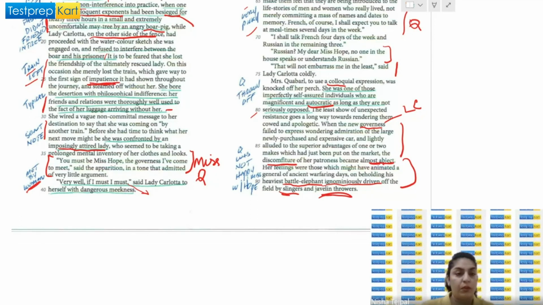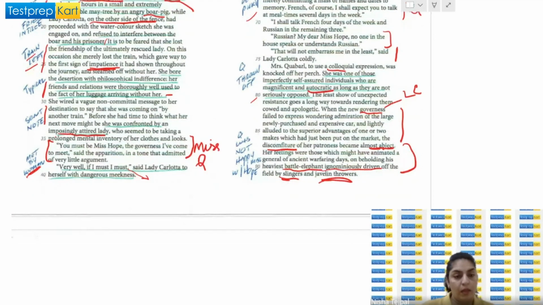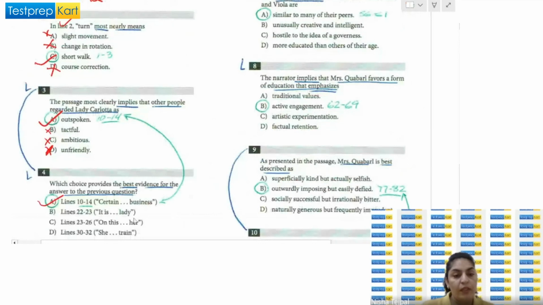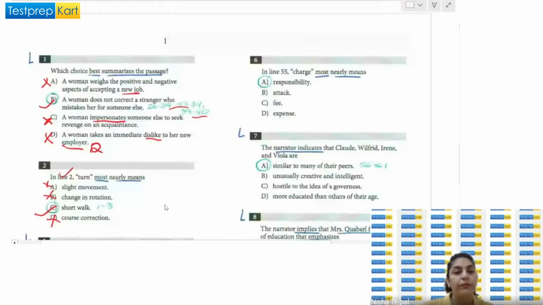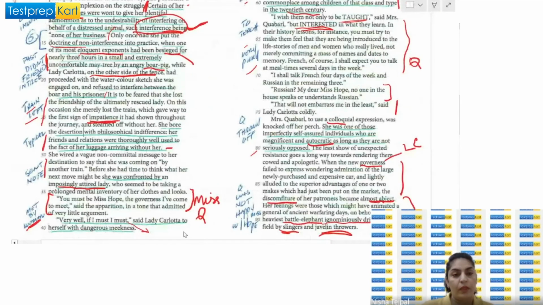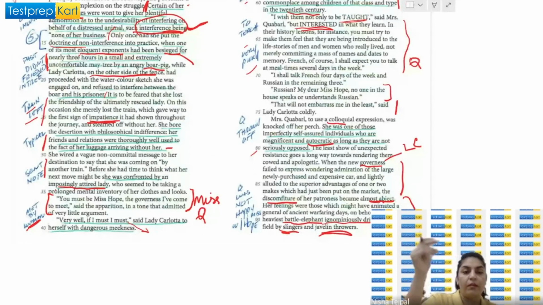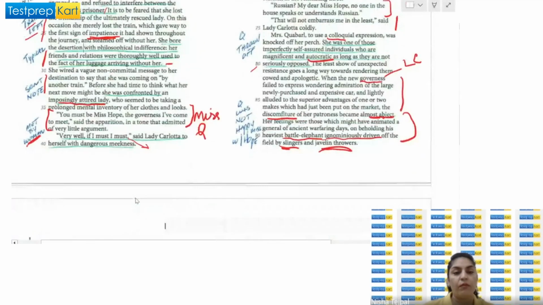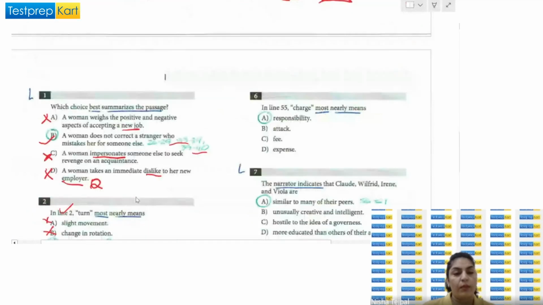So this is not the line that supports that she's outspoken. The other lines are 23 to 26. This is the same line where we don't find any supportive statement for Miss Carlotta being outspoken.